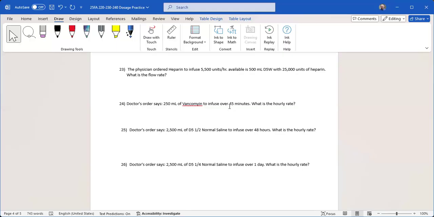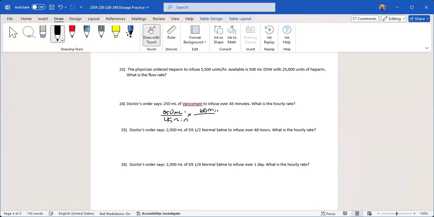That's one way to do it. If you don't like doing that, then I think the more direct strategy is just to take the 250 mL over the 45 minutes. And since it's asking for the hourly flow rate, we're going to just convert minutes to hours.